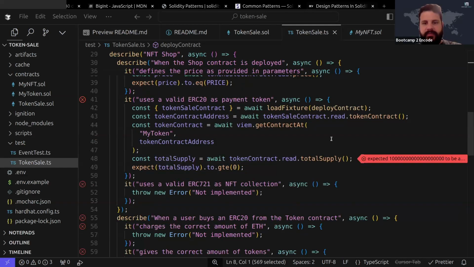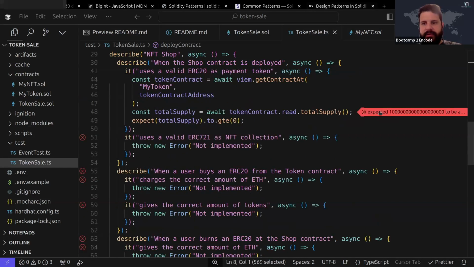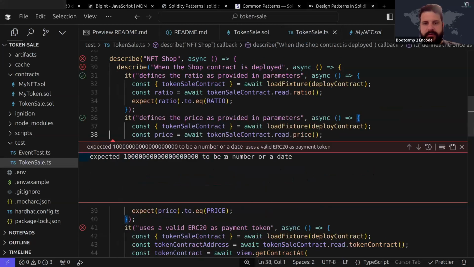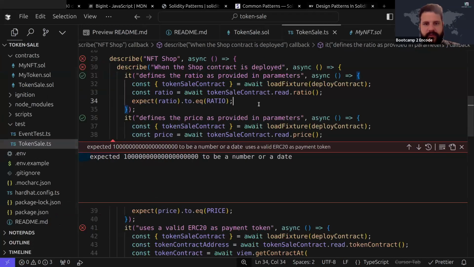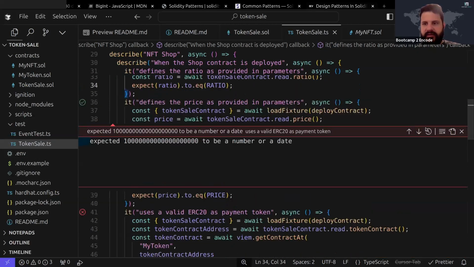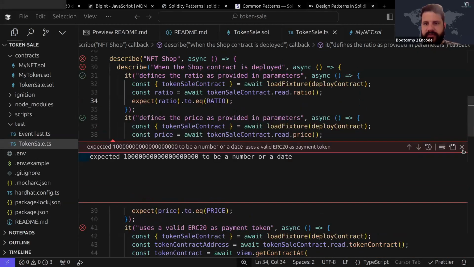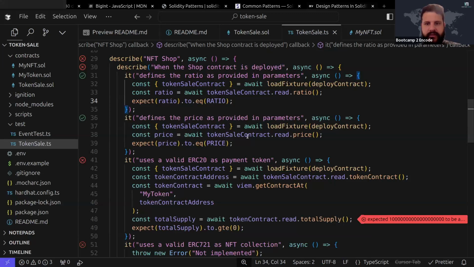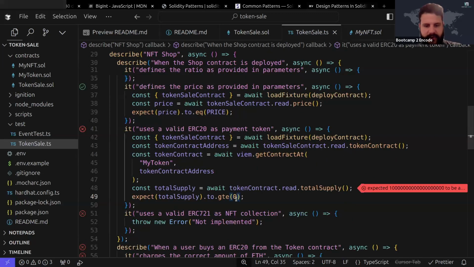In this situation, I'm comparing a big number with a number, but this big number that is storing the total supply should be greater or equal to 0n, but it's not going to work, a number or data.